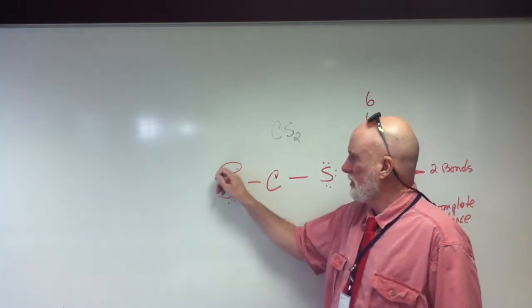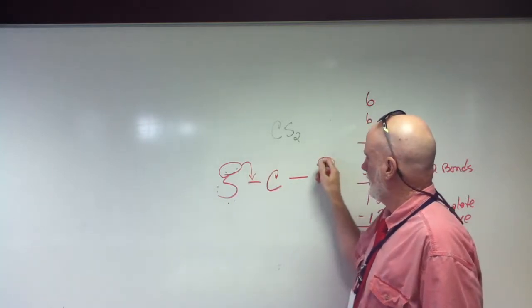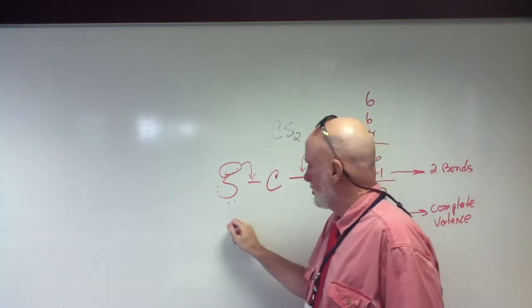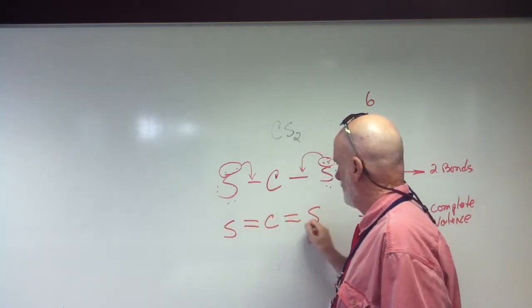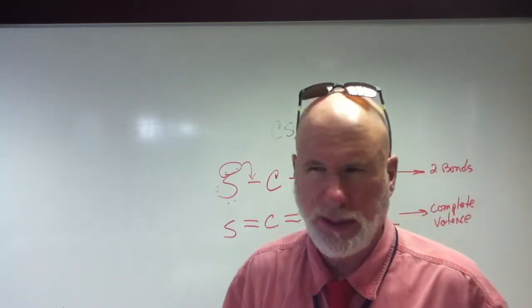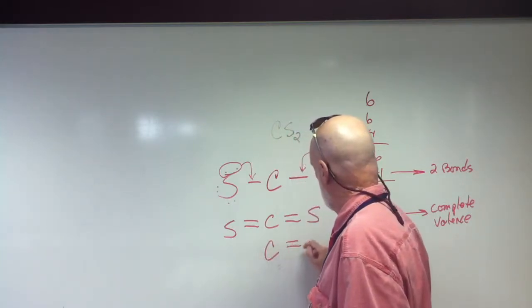We have to take 2 from here and put them here, and we take 2 from here and put them here. We're going to have 2 double bonds. So it's going to look like this, kind of like, if you'll recall, carbon dioxide.